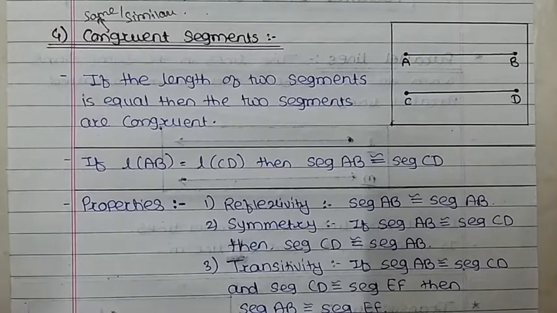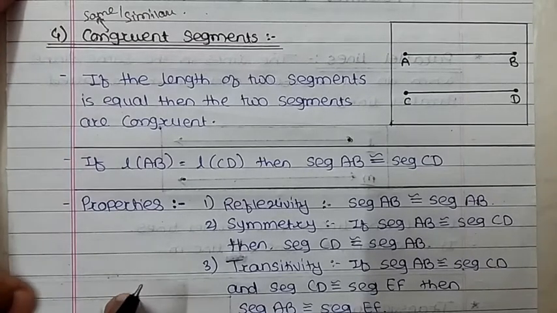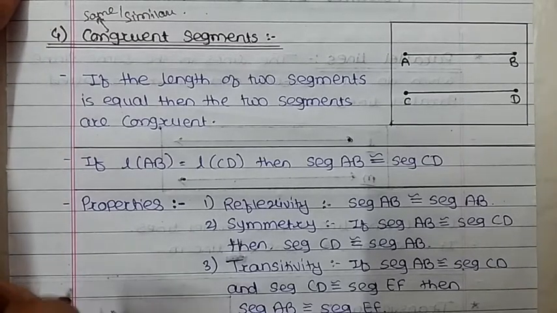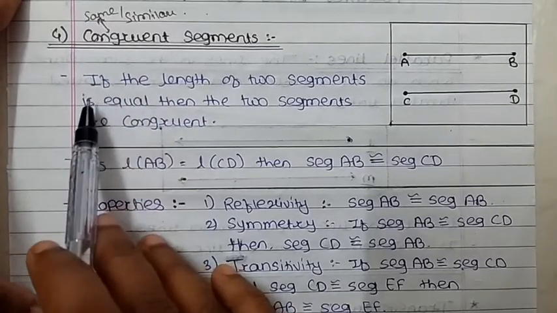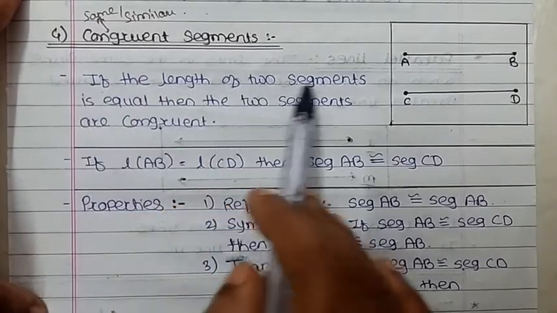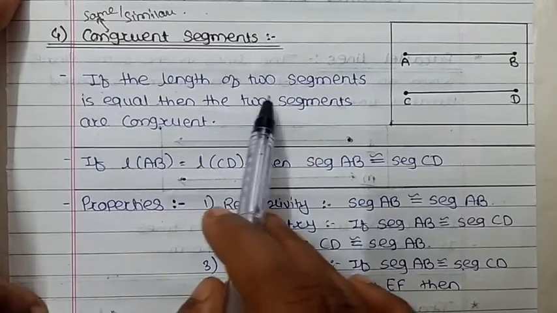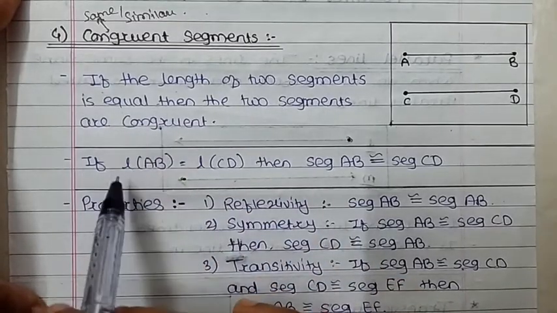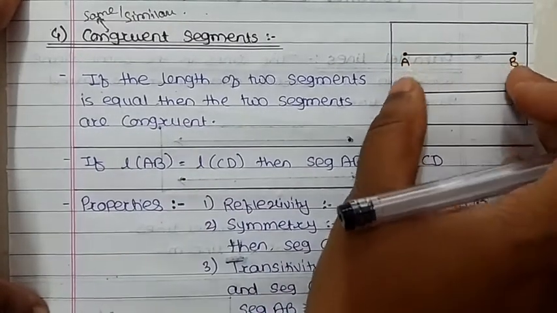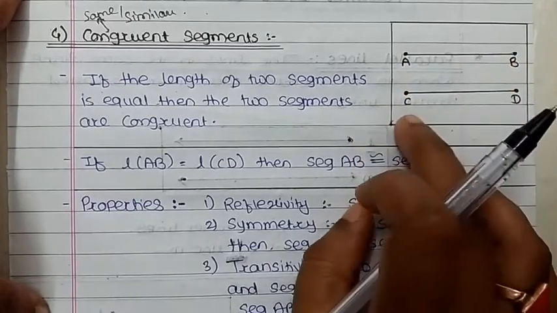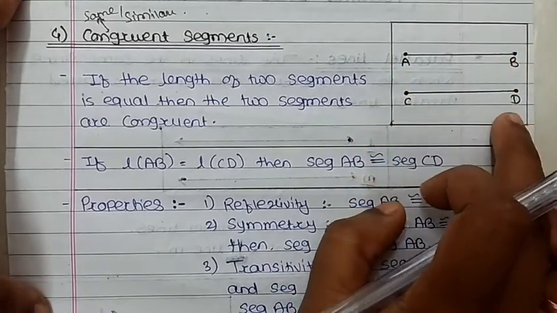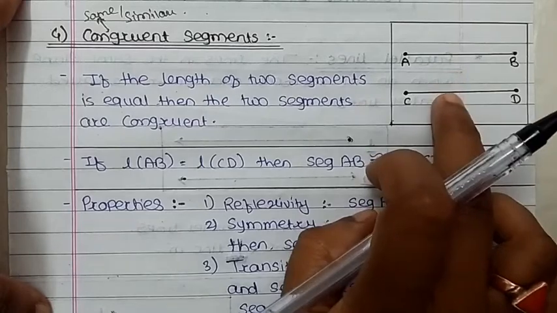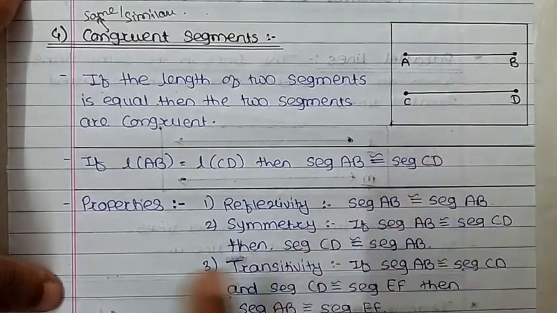How do we say the given segments are congruent? If the lengths of two segments are equal, then the two segments are congruent. That is, if the length of AB is equal to the length of CD, then and only then can we say the two segments are congruent.